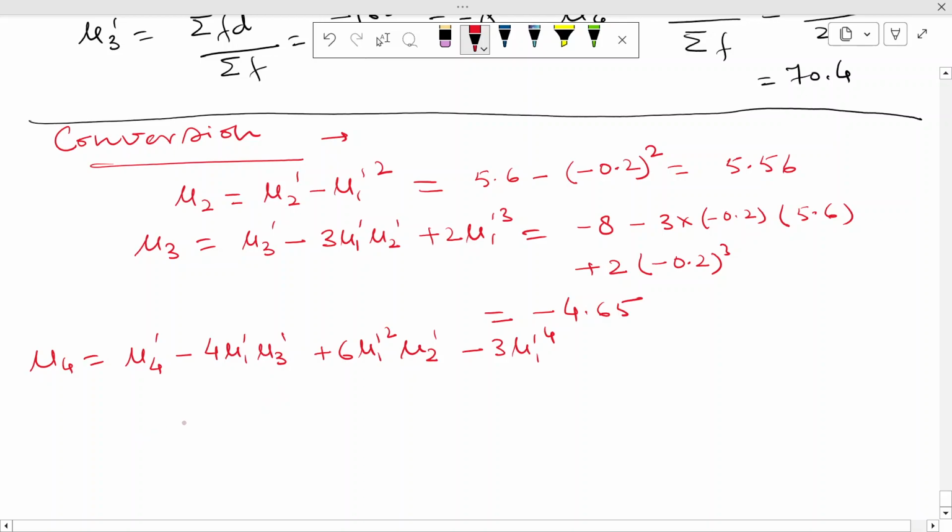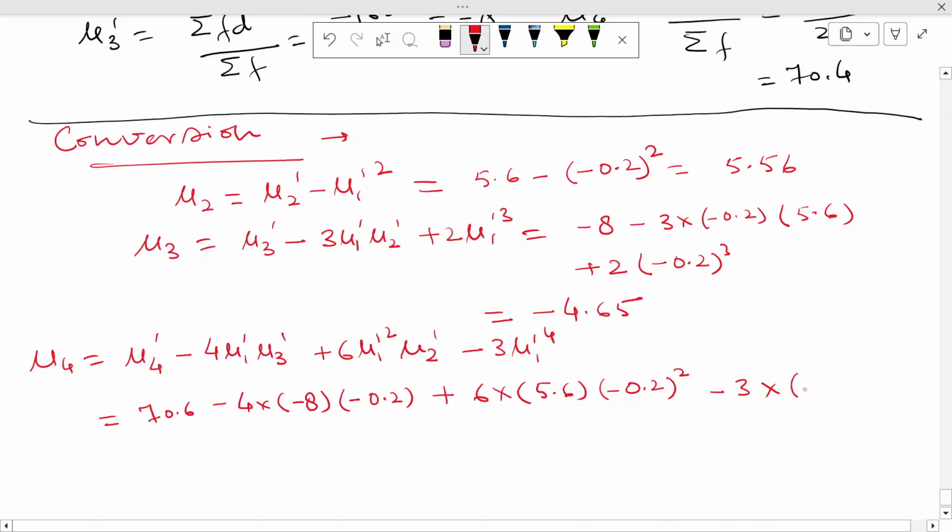So when you put in the value of mu4 dash, which is 70.4, minus 4 multiplied by minus 8 multiplied by minus 0.2, plus 6 multiplied by 5.6, which is the value of mu2 dash, and the value of mu1 dash is negative 0.2, so this is minus 0.2 whole square, minus 3 times mu1 dash to the power 4, which is minus 0.2 to the power 4.